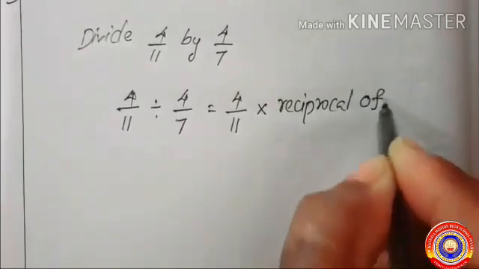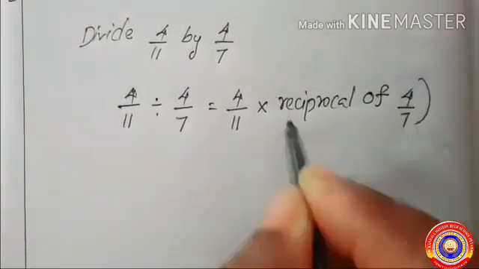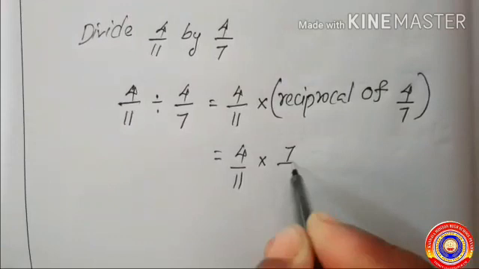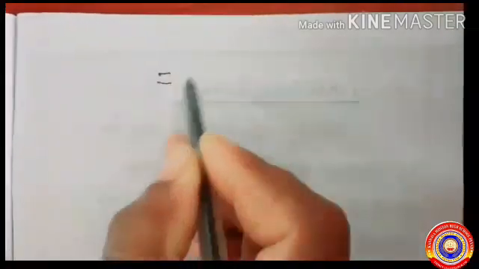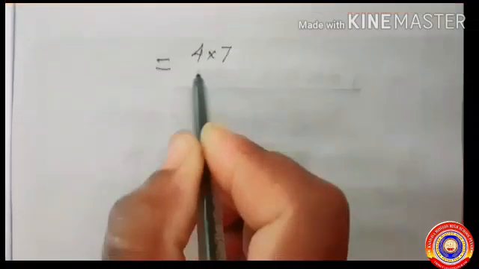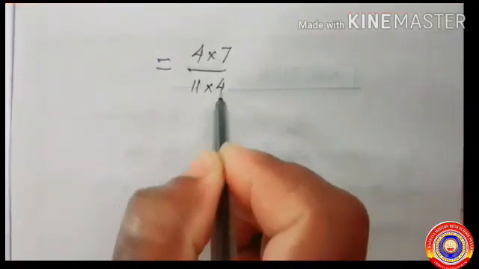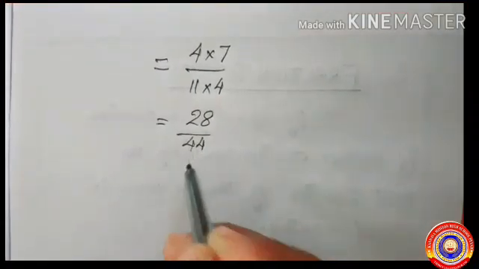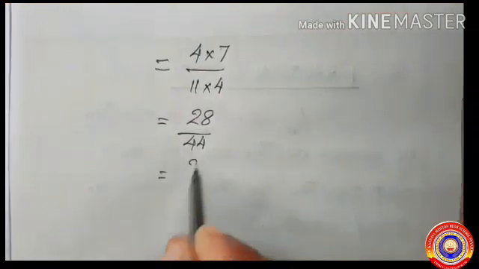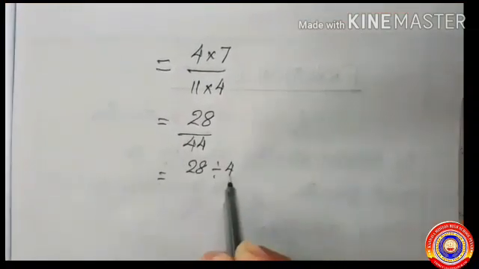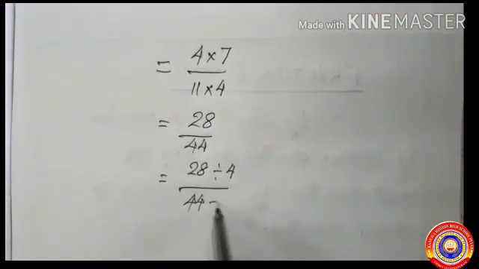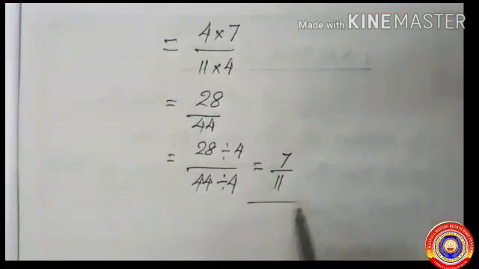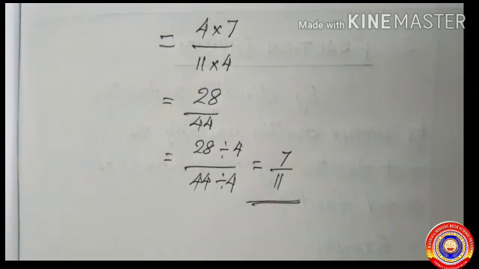Then it becomes 4 by 11 into reciprocal is 7 by 4, which is equal to 4 into 7 by 11 into 4, which is equal to 28 by 44, which in simplest form, 28 divided by 4 and 44 divided by 4, becomes 7 by 11. Is it clear, children? Yes.